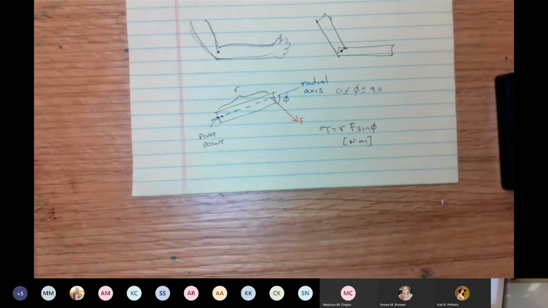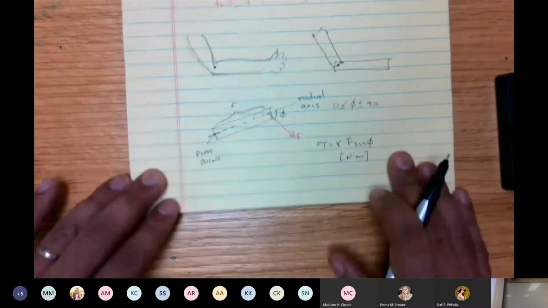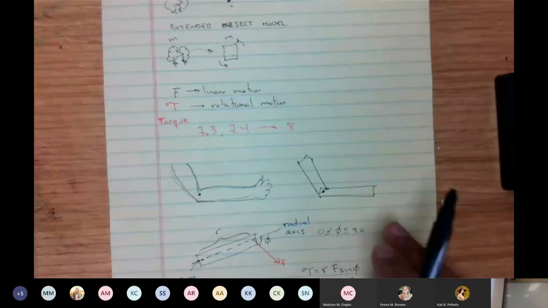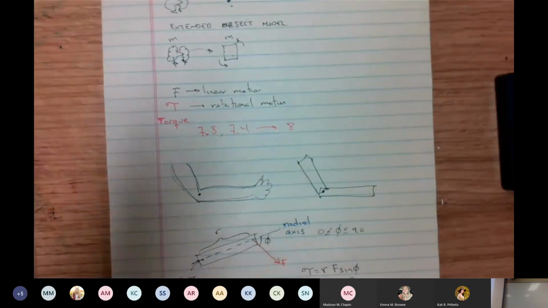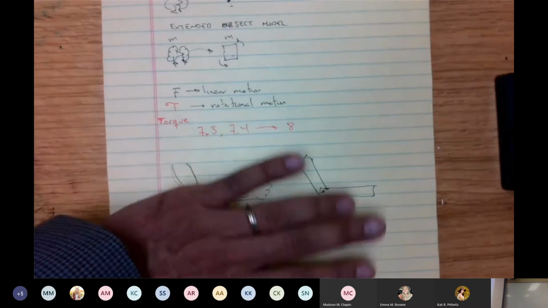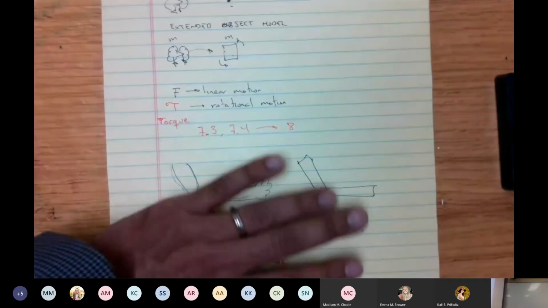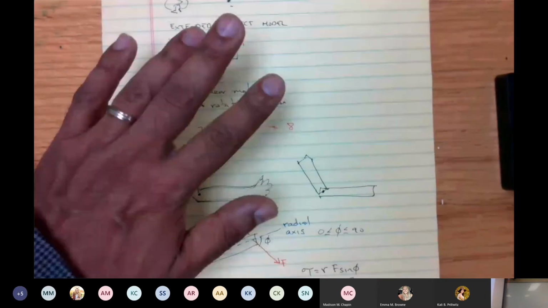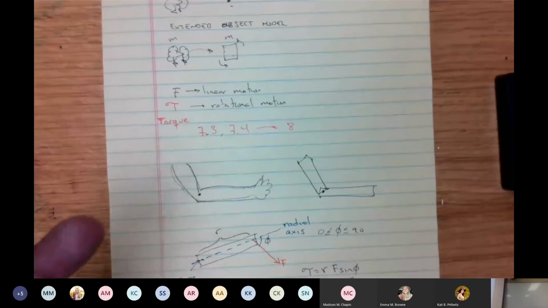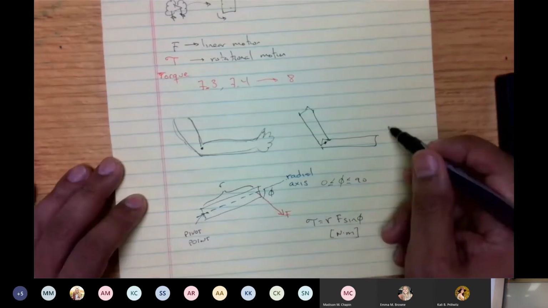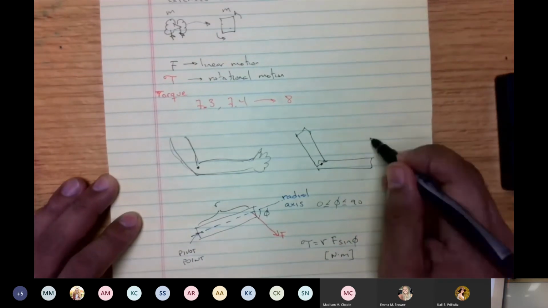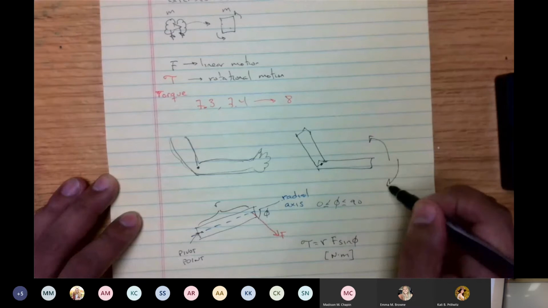However, for our class, we're always going to be assuming that whatever is rotating is going to rotate in the same plane as your piece of paper. So your torque can only have 2 directions. Either it's clockwise or it's counterclockwise. Those are the only 2 directions that you can have.